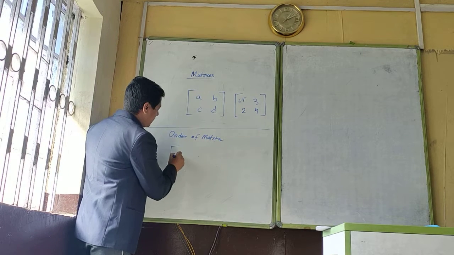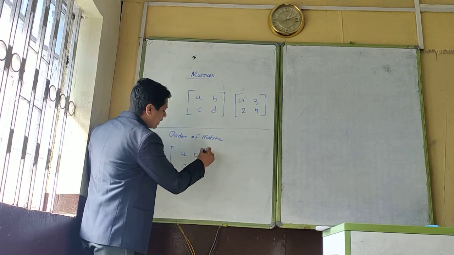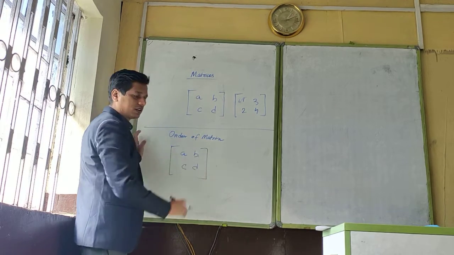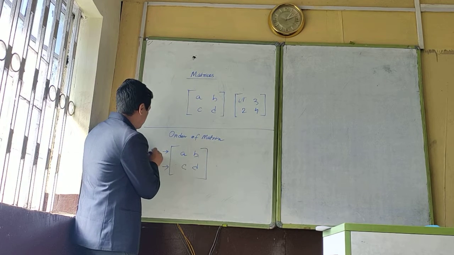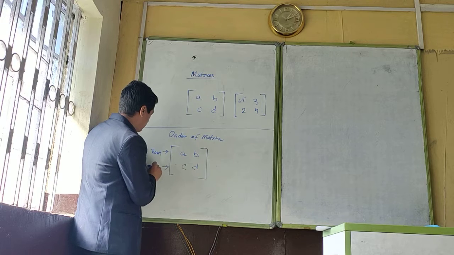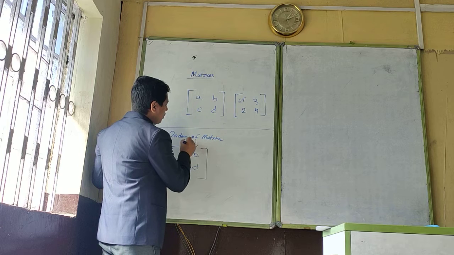So let's take one example, A, B, C, D. These have been arranged rectangularly. So we can see that we have rows and we have columns.